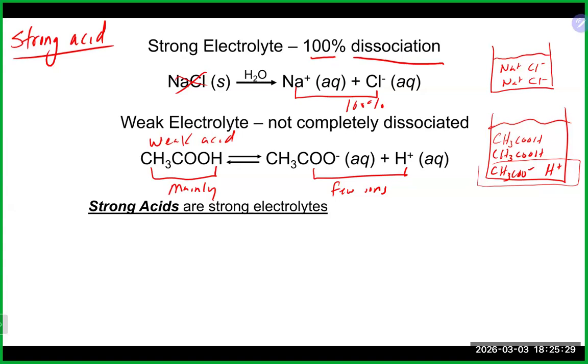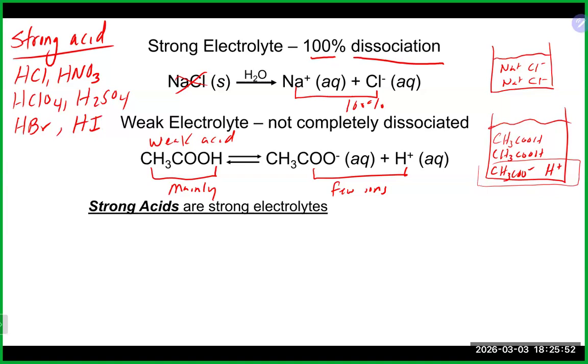If it's not an acid on this list, you could probably make a pretty safe assumption that it's going to be a weak acid. So strong acids are hydrochloric acid, nitric acid, perchloric acid, sulfuric acid, hydrobromic acid, and hydriodic acid.